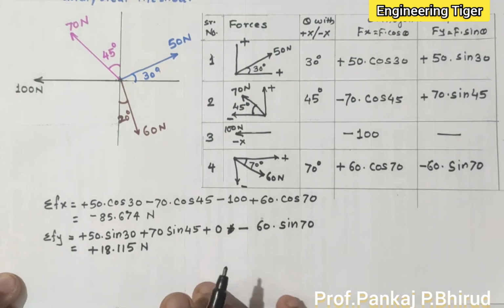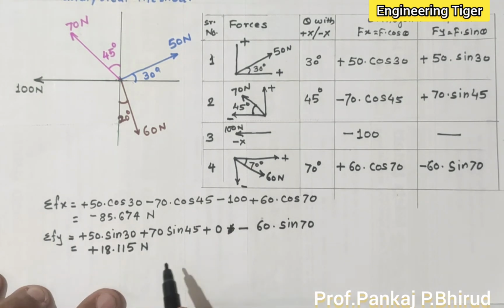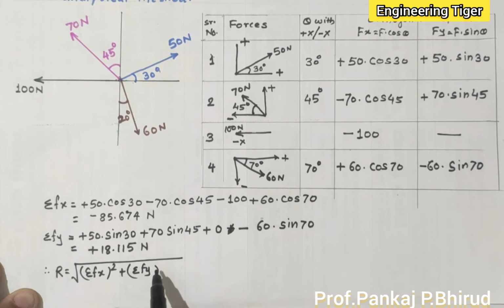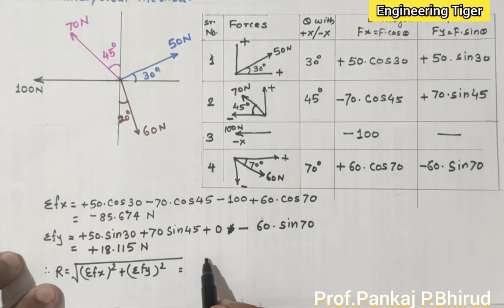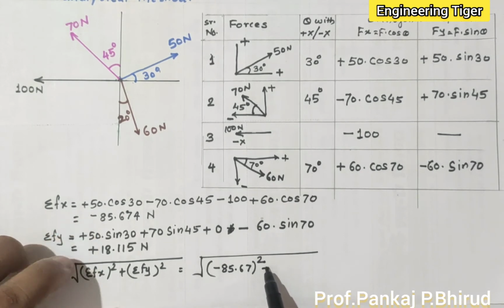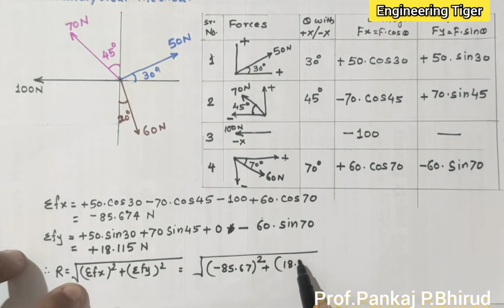Now find out the magnitude of the resultant by using the formula. R is equal to the square root of sigma Fx squared plus sigma Fy squared, so it equals the square root of minus 85.67 squared plus 18.12 squared.